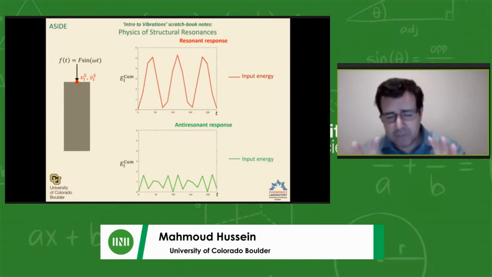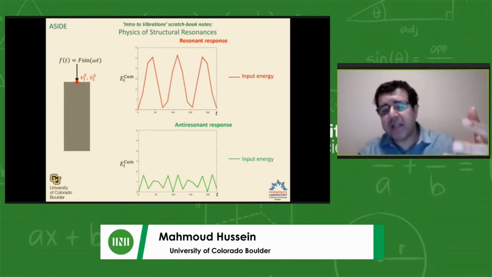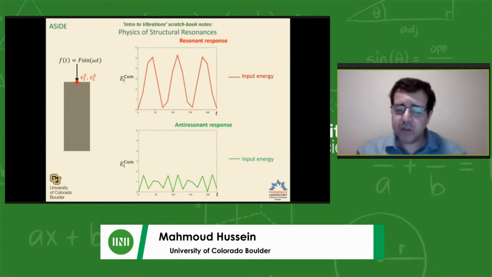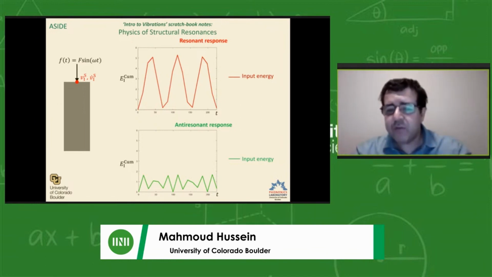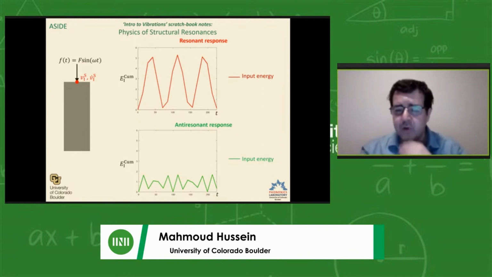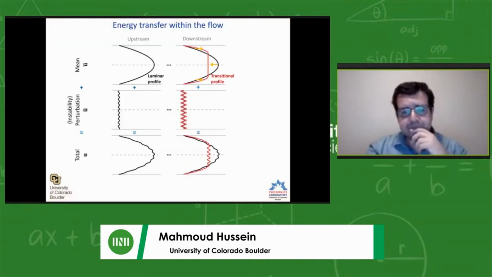So this picture that is very familiar to us in structural dynamics, essentially what we'll do is we'll extend that picture so that it applies not only in a structure, but applies in a continuation between a structure and a flowing fluid with an instability. So the manipulation of resonances and anti-resonances will take place across both fields, the elastic material, the elastic structure, and the flowing field, the flowing fluid.